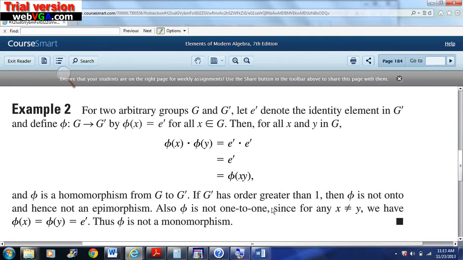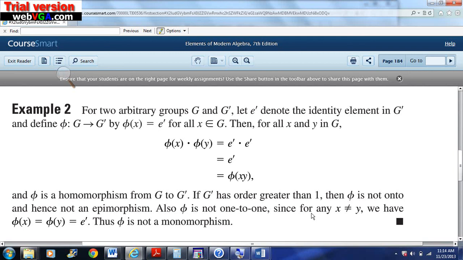So that means that therefore phi is not onto. Hence, we do not have an epimorphism. Also, phi is not 1-to-1 since for any x not equal to y, we have phi x equals phi y equals E prime, because everything is equal to E prime as indicated here, you see.